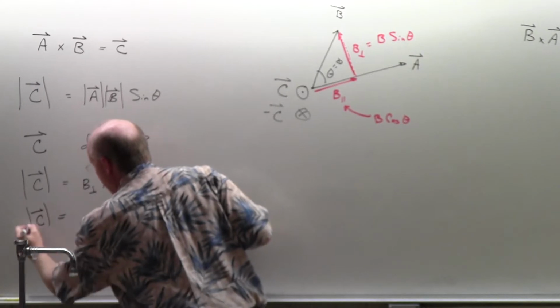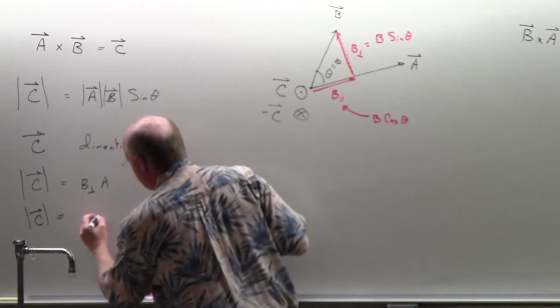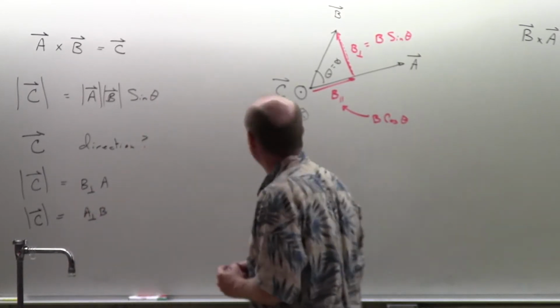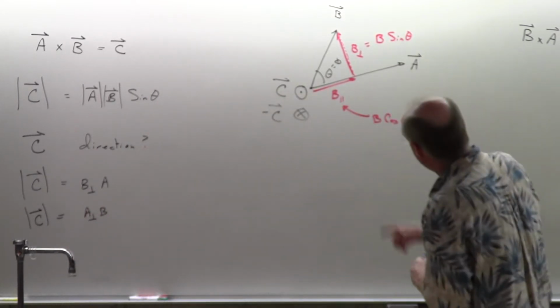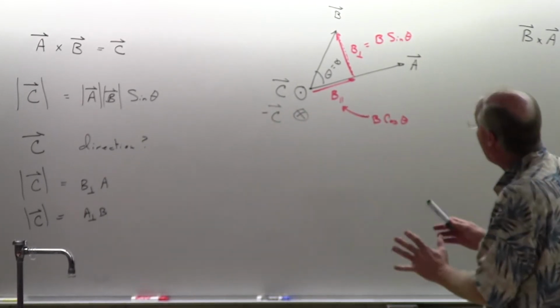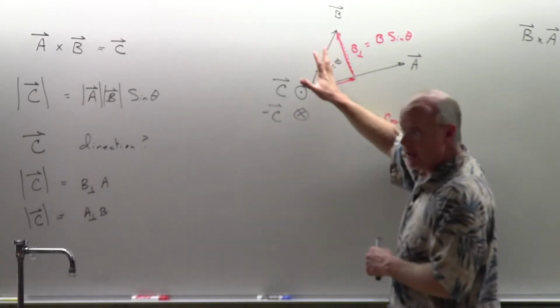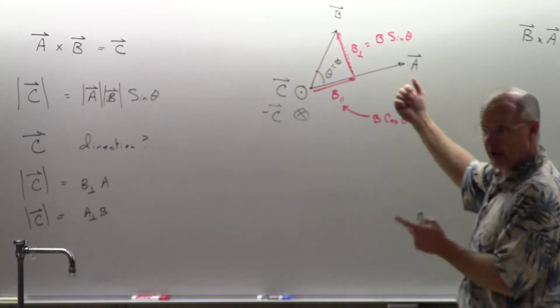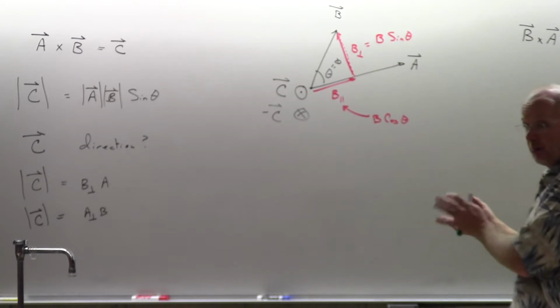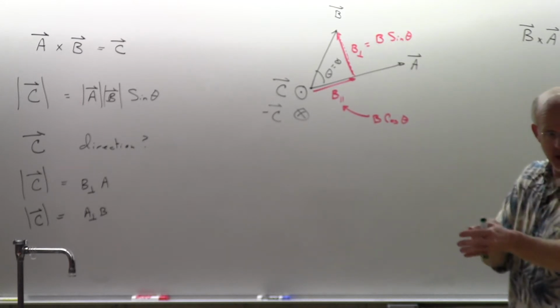I'll even go a slightly different step. Another way of thinking of the magnitude of C is by saying how much of A is perpendicular to B. I didn't really show it in this diagram, but if I change colors, maybe you can see it here. I broke down B into the vector A, but couldn't we do it the other way around? Couldn't we look at A projected onto B?